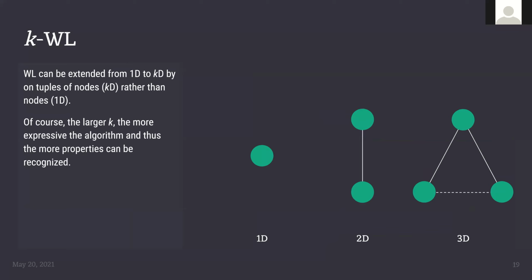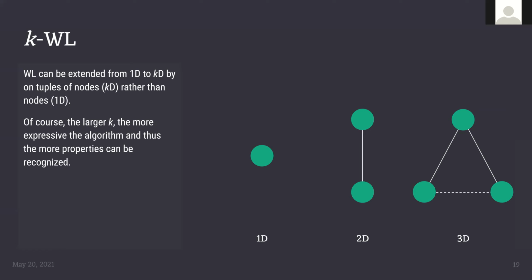A few years after Weisfeiler and Lehman published the original paper, extensions have been proposed. Basically, the idea is that we can make the algorithm more expressive and thus capable of capturing more complex patterns of interconnection by reasoning not in terms of nodes, but by operating on tuples of nodes.